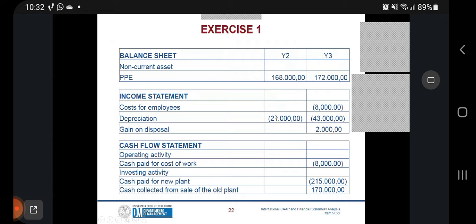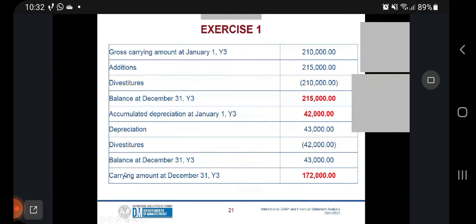For the next year, again, the amount of the property, plant, and equipment is 172,000. Where did you get it? Here, the last row of this table, net carrying amount of the 31st December year 3.